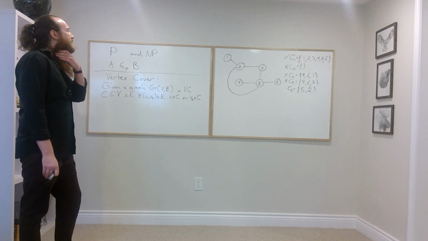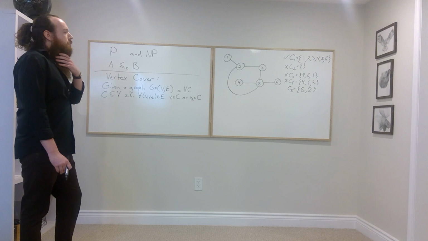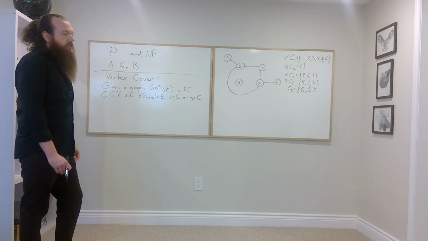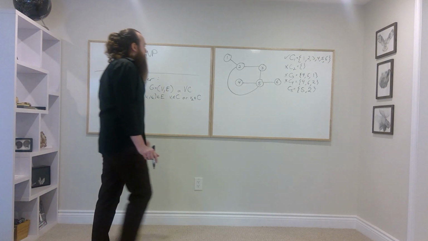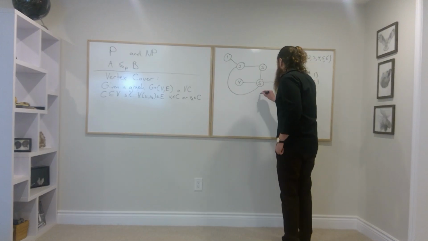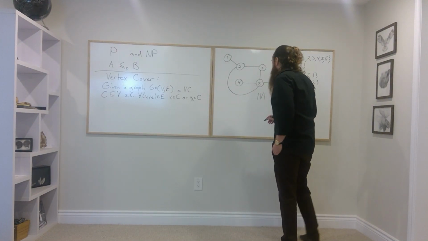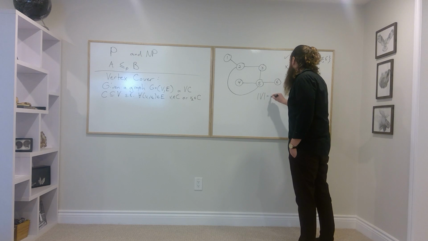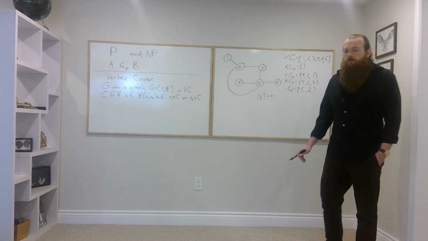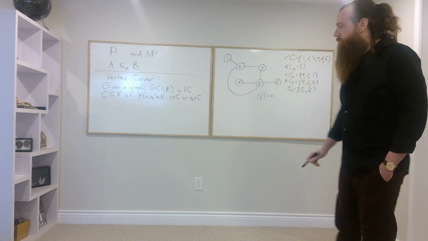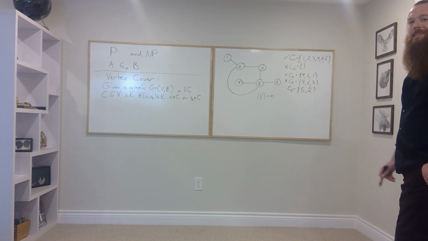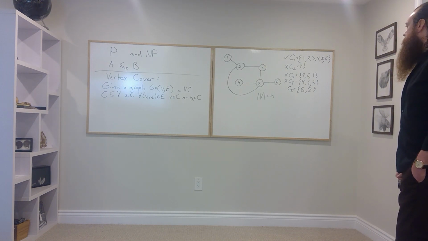If we brute forced it, how many potential vertex covers are there given a general set of vertices? So if the magnitude of V equals n, on what order? How many subsets? How many potential vertex covers are there? Well, you get that typical subset cardinality thing.